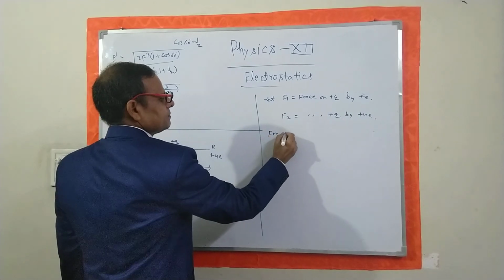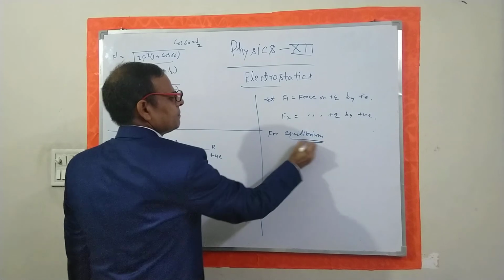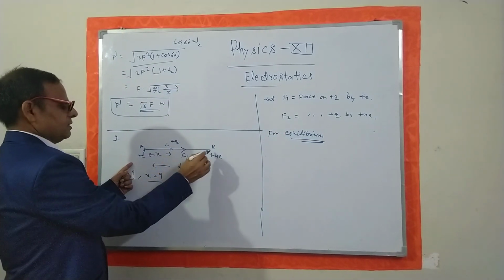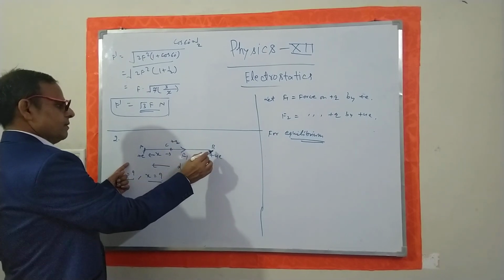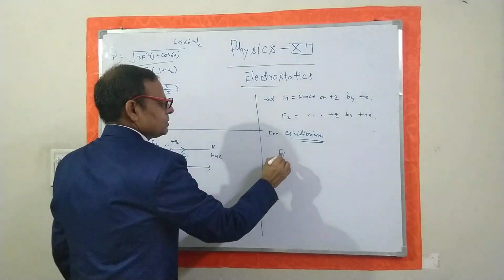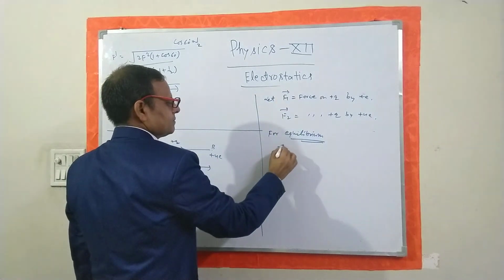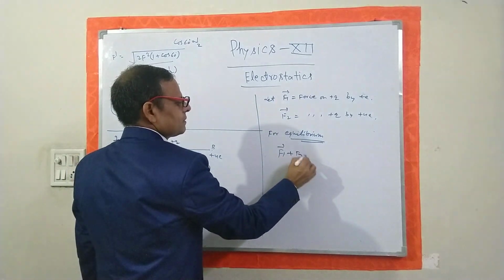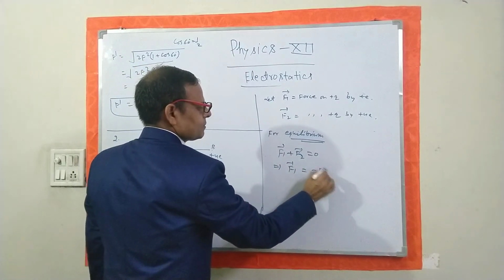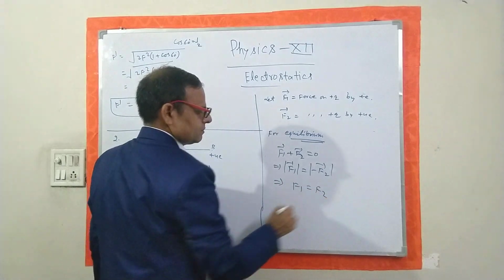For equilibrium, the force on plus Q by A, if it is F1, and the force on plus Q by B should be opposite. So equal and opposite forces should take place. In vector form, you can also write F1 plus F2 should be equal to 0. But F1 equals minus F2. If you take magnitude, then you can write F1 is equal to F2.